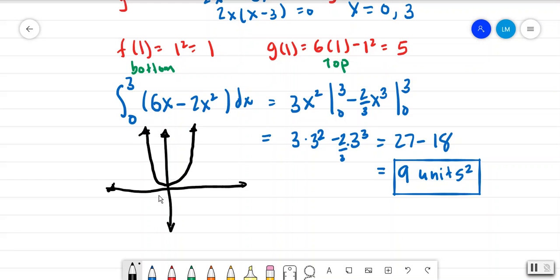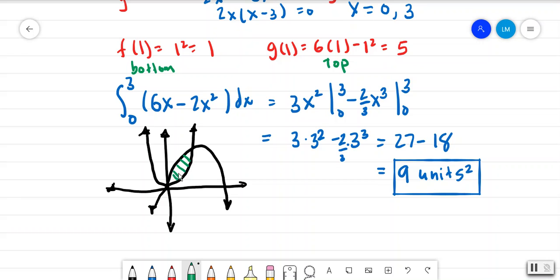But then the 6x, basically it's kind of like the same thing. You have that it's a parabola that passes through the origin, and then it goes like that. So that means that the region bounded by the set of curves looks something like this.